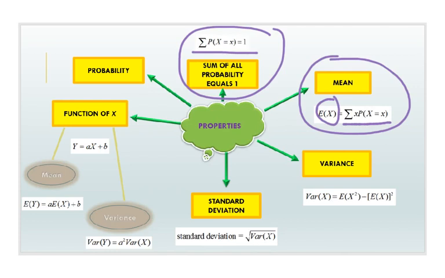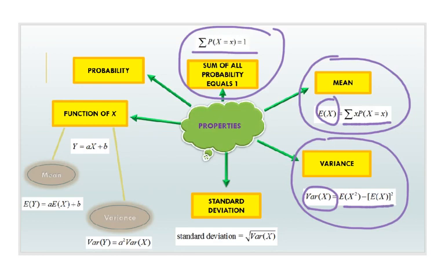The third property is the variance. We represent variance with VAR of x, where x again is our variable. The formula given is E of x squared minus the square of E of x.